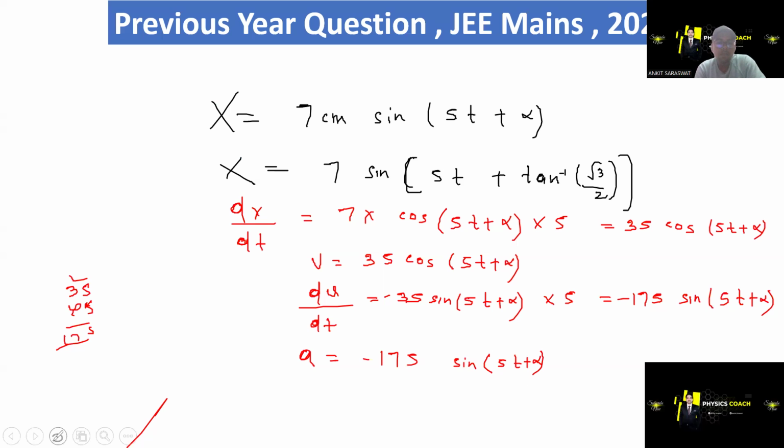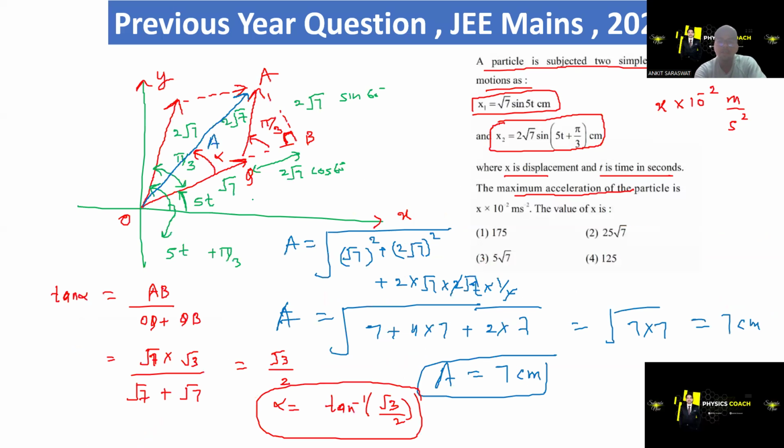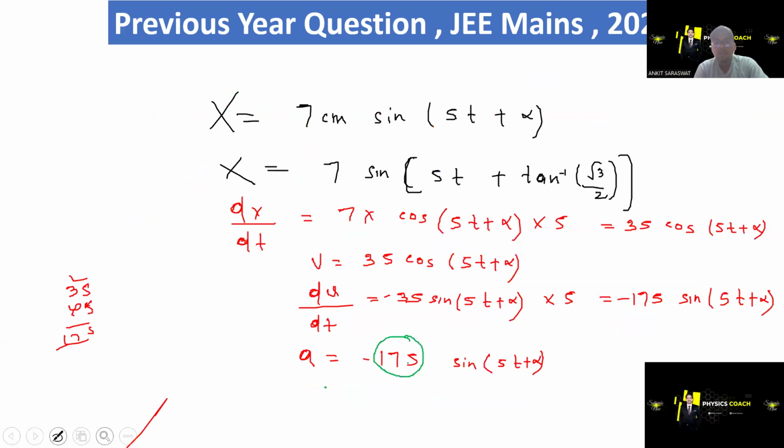So the maximum acceleration will be when the sine is maximum. So 175, what is written here, is the maximum value. In terms of what they are asking, the value of x: the maximum acceleration of the particle is x multiplied by 10 to the power minus 2 meter per second square. So this is actually 175. The unit is centimeter.